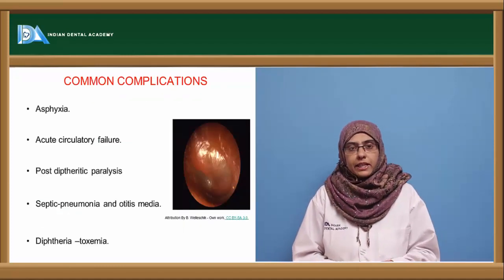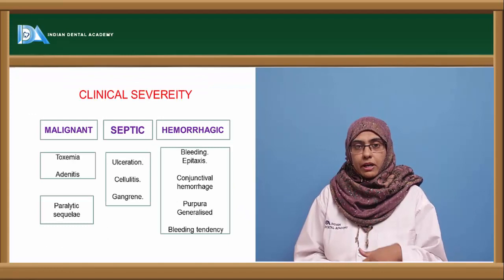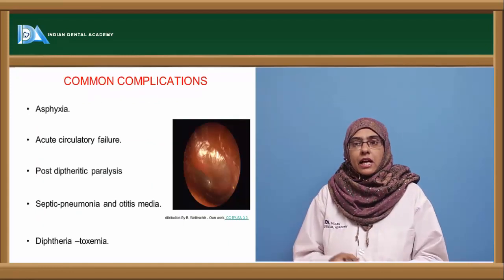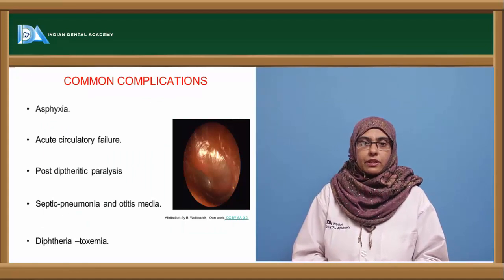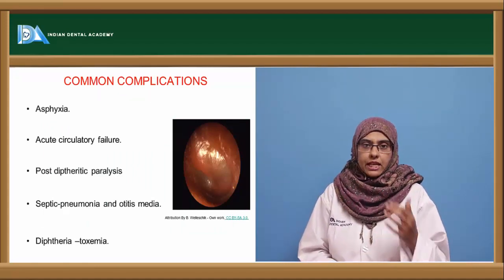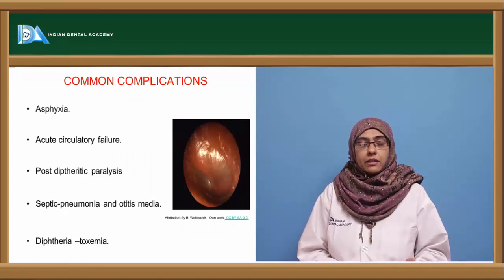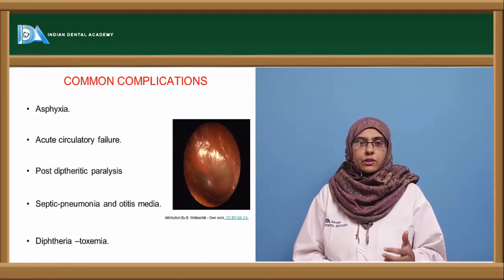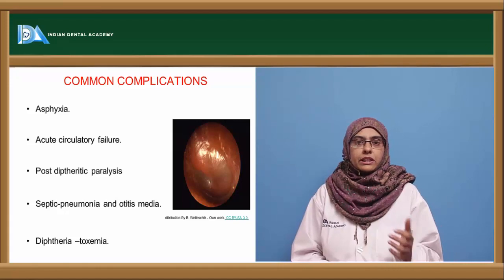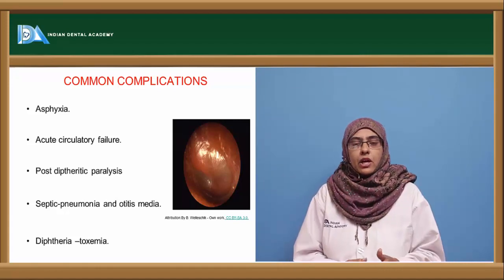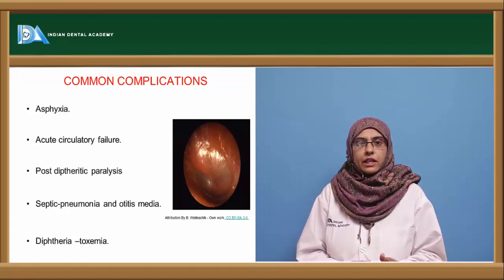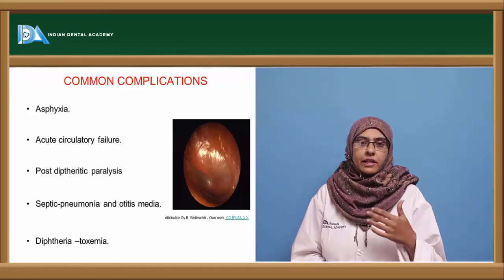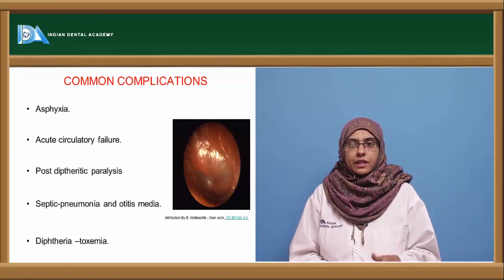Coming to the common complication associated with the malignant, septic, or hemorrhagic forms of this disease, the common complication is asphyxia, that is respiratory failure, where there is a blockage of respiration due to the formation of a tough, leathery pseudomembrane during this infection, which prevents respiration in a normal way and hence can lead to death.